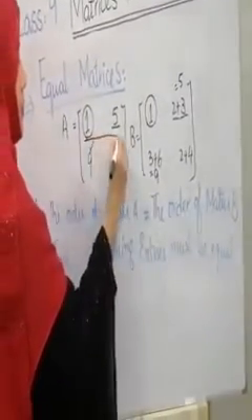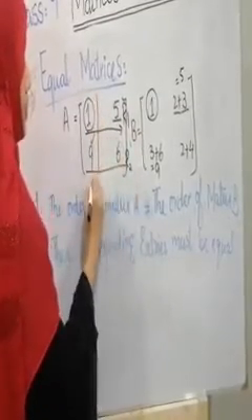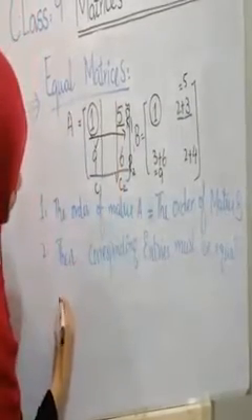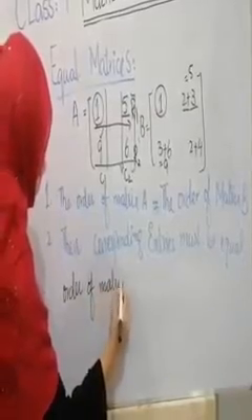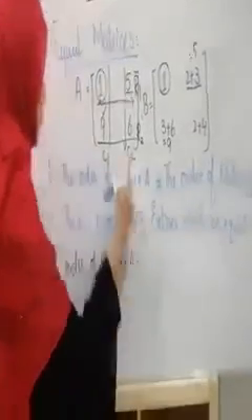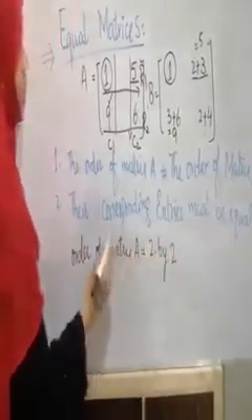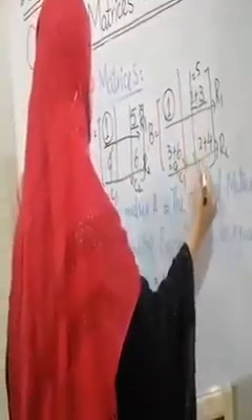Now check. First condition: row 1, row 2, column 1 and column 2. So the order of matrix A will be 2 by 2. Similarly, check the order of matrix B: row 1, row 2, column 1 and column 2.